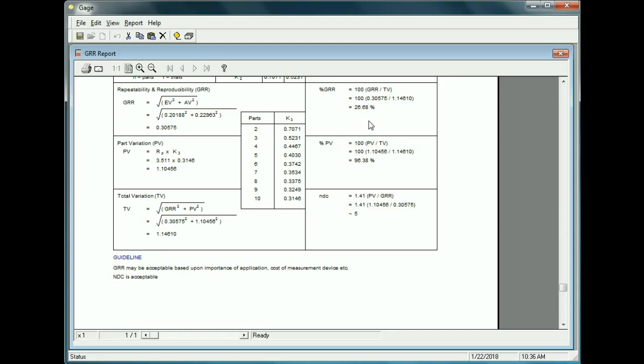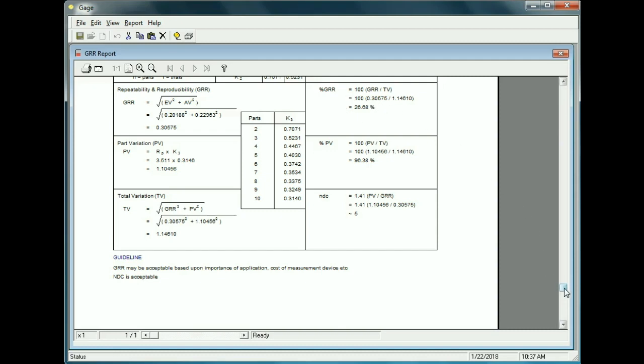So between 10 and 30% is an acceptable range, depending on what it would cost to improve the measurement system. For example, if it cost $1 million to improve the measurement system, it's probably not cost effective. If the Gage R&R as a percentage of total variation is more than 30%, according to the Measurement Systems Analysis Reference Guideline, it is not acceptable, and you'd have to deal with it.